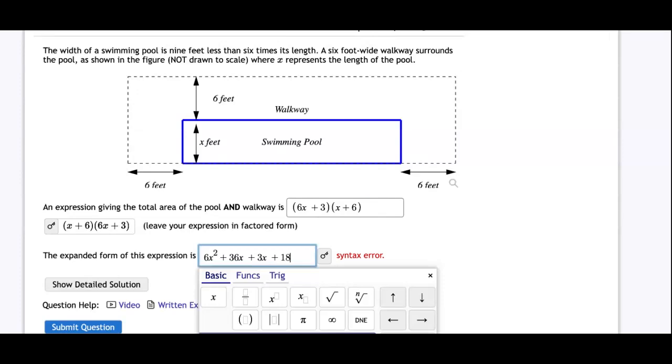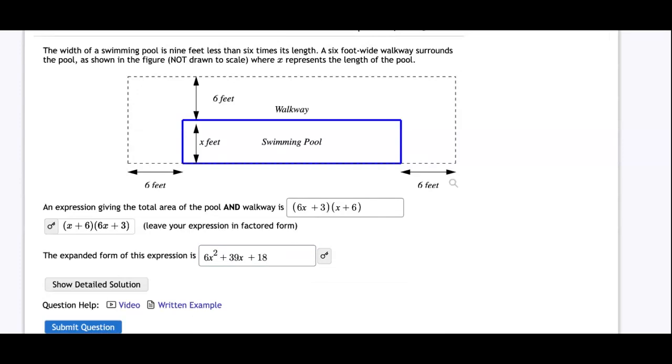Then plus 3 times 6, that's 18. Combine the two middle terms, 36x and 3x, that's 39x. And that's it. That's 6x squared plus 39x plus 18. Is this okay? Does this make sense?